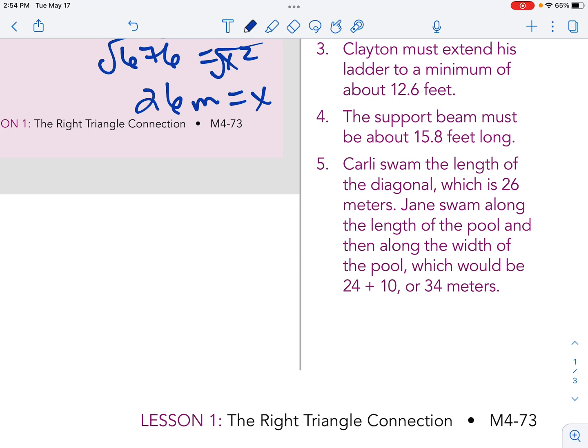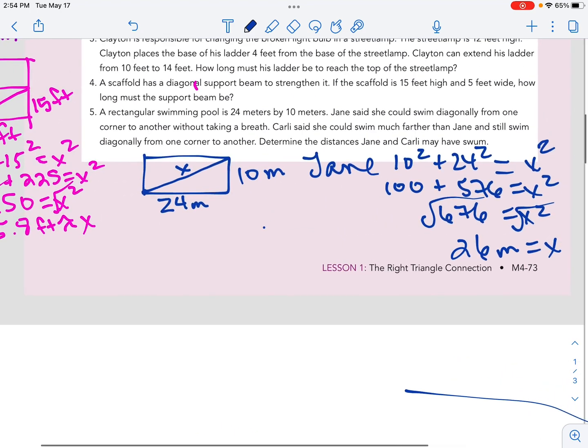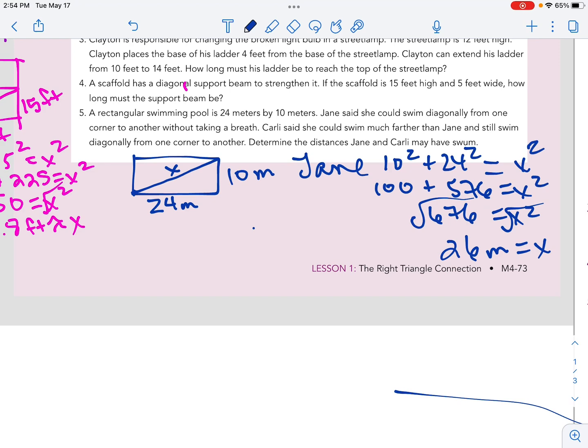Carly swam along the length of the pool and then along the width of the pool, which would be, okay, maybe it's just me and I'm not understanding it, but that's okay. One of the ladies is swimming from here to here, and it's 24 plus 10.